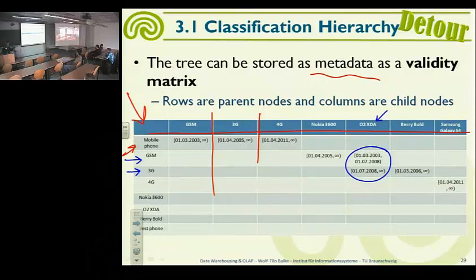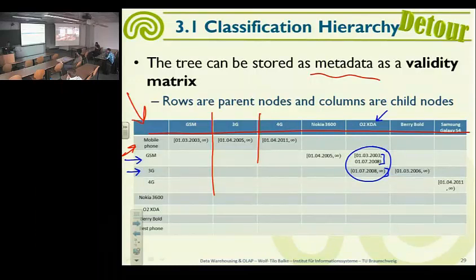From 2003 up to 2008, it was a GSM product, and then starting 2008 up until now, it's a 3G product. And as soon as you have multiple entries for the same child node, then you know there is something here, you have to be careful, and the query has to somehow accommodate that.